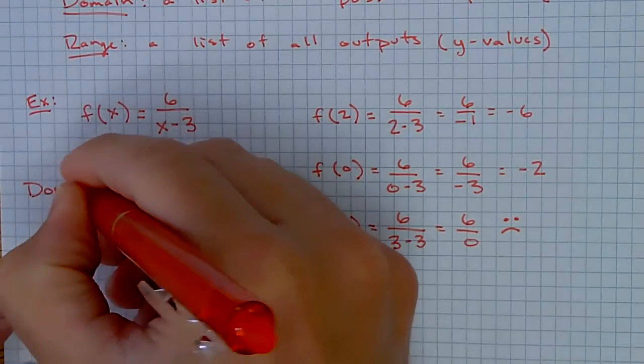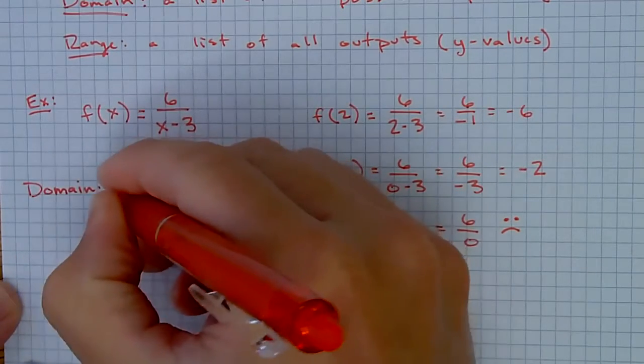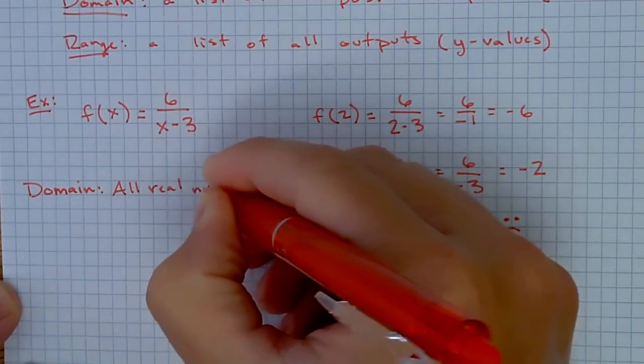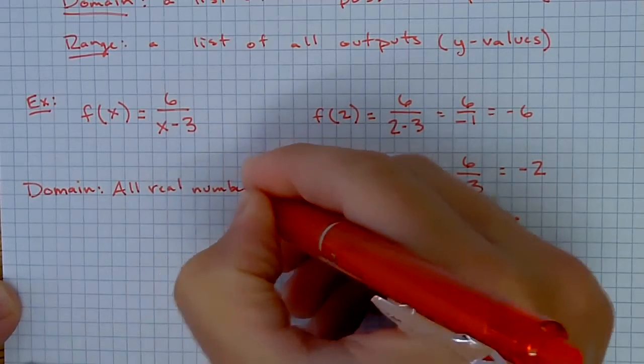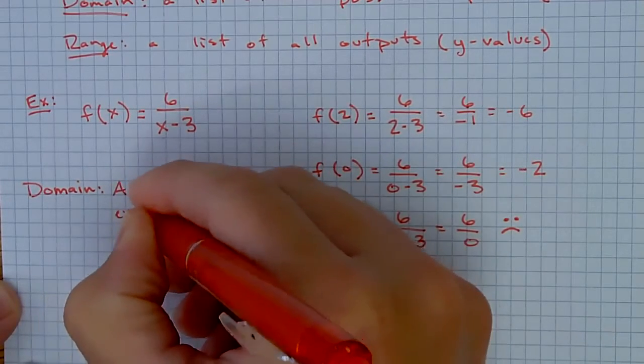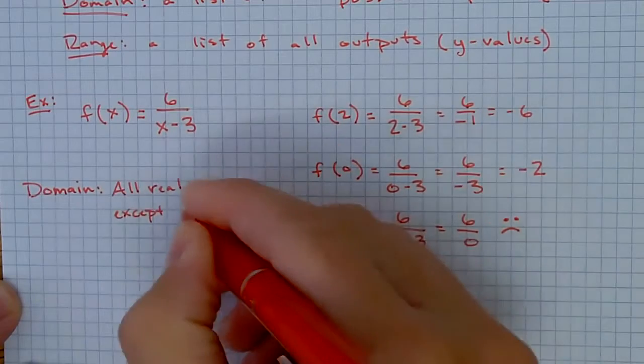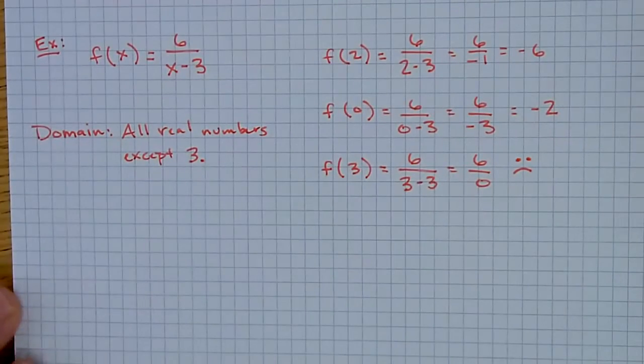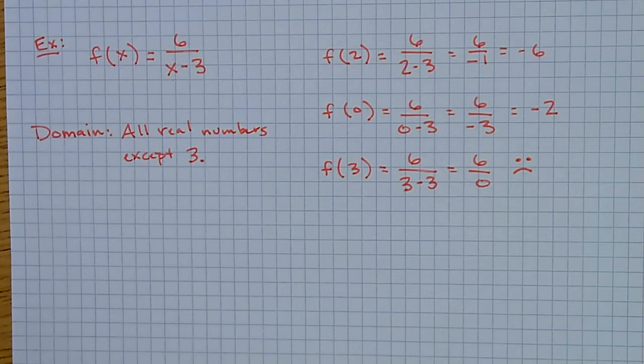So we would state the domain as all real numbers except 3. Okay, and that's one way to write it. There's a couple different ways to write the domain and range. We're going to keep it simple.